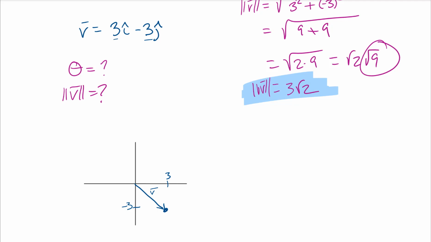But how would we go through and solve for it? Given that we had some point at 3 comma negative 3, and given that we know about this right triangle, do you think there might be a way for us to get this angle, given the fact that the opposite is negative 3 and the adjacent is 3? Opposites and adjacents.